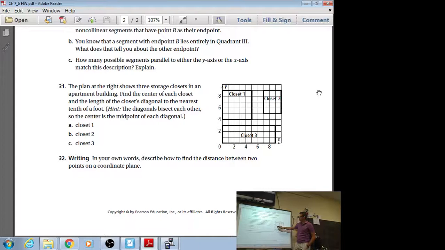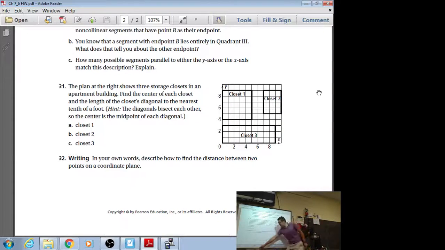I can either find the midpoint of my horizontal line and the midpoint of my vertical line, and then that will tell me my XY coordinates for the middle of the closet, or, I forgot I'm on my laptop, it doesn't have the same software package, or I can draw the diagonal here and the diagonal there, and the funny thing is, the midpoint of my one diagonal will be the midpoint of my other diagonal. So if I just draw this diagonal, I can find the midpoint using this endpoint and this endpoint, and that's the middle of my closet.